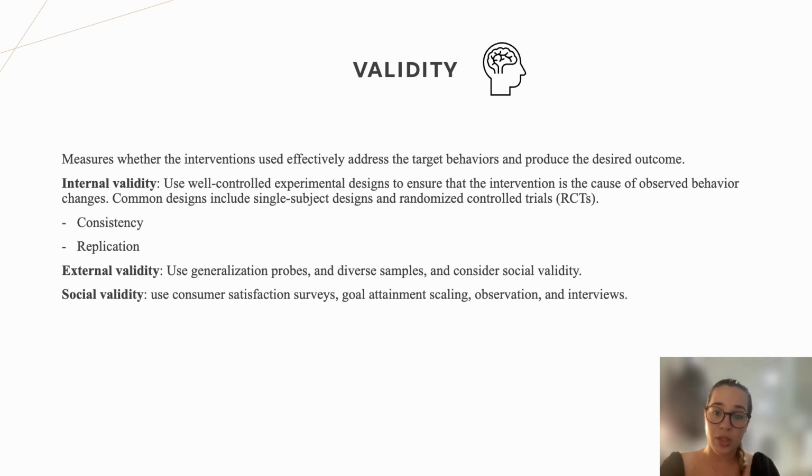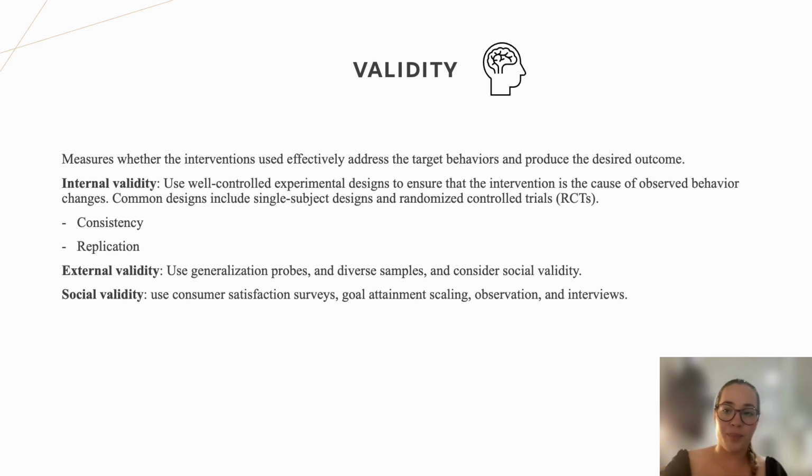We also want to take into consideration social validity for external validity, because we want to assess whether the goals, procedures, and outcomes are socially acceptable and meaningful to the individual and relevant stakeholders, teachers, parents, all of that. And then for social validity, we want to create consumer satisfaction surveys.